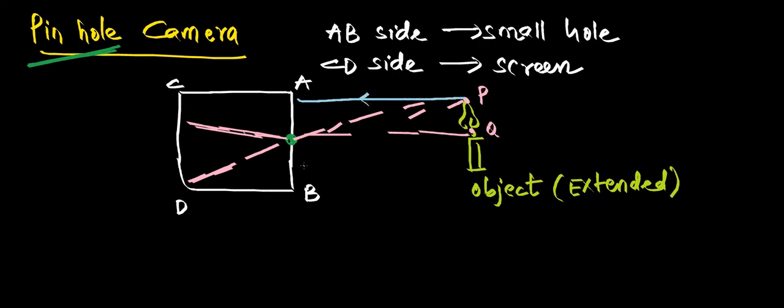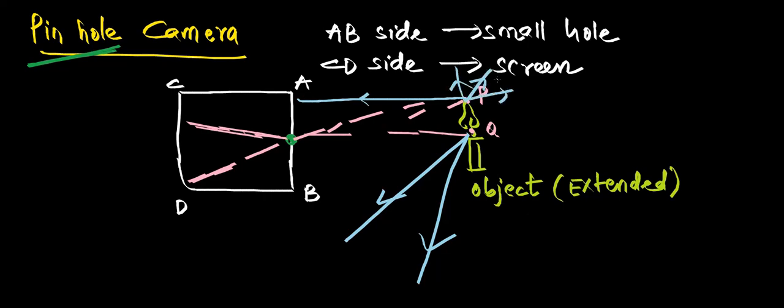No, that is why we can't see them on the screen. From Q also they go in different directions, but not all those rays pass through the pinhole. Why are you taking only the slant direction? From every point the light will travel in all directions, but we have a hole in a specific direction, right? So we consider only the rays which pass through this hole.